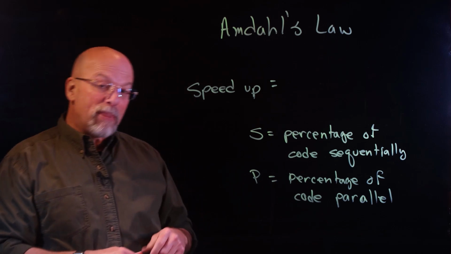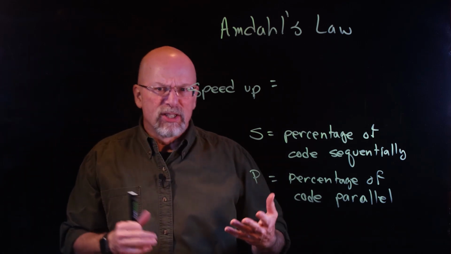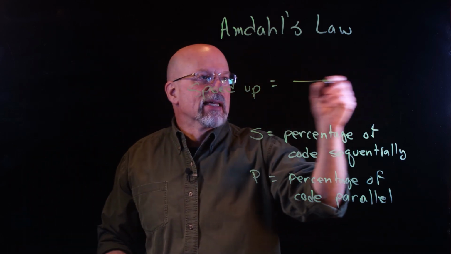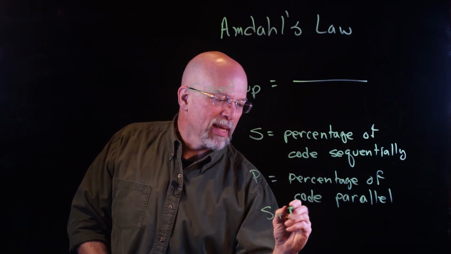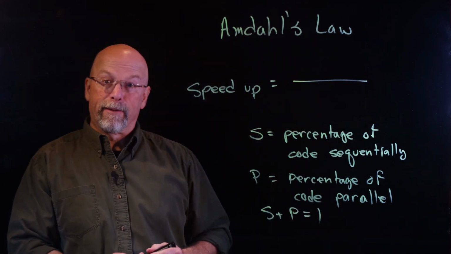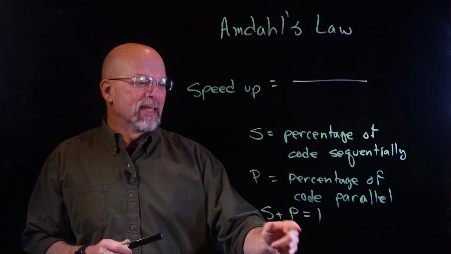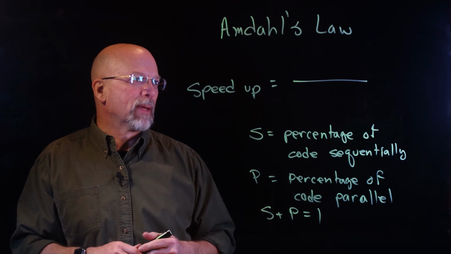Both S and P are percentages, so each is less than 1. S plus P is equal to 1, because the whole 100% of the program is in either S or P.